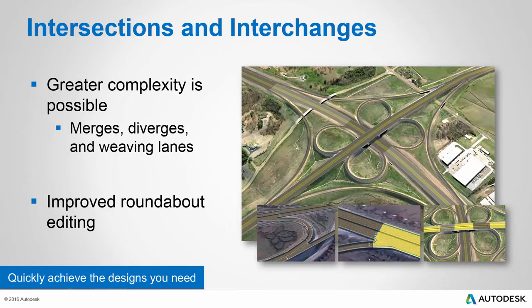This includes on-ramps and off-ramps that are multiple lanes. You'll also find that the roundabout editing that we improved in the last release has gone even a further step, now making it easier and more efficient than ever to design roundabouts. Why is this important? It allows you to quickly achieve the designs you need, eliminating the need for workarounds or having to settle for a design that isn't quite what you were hoping for.